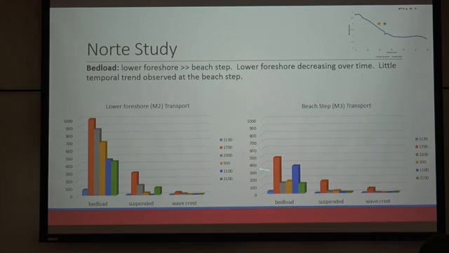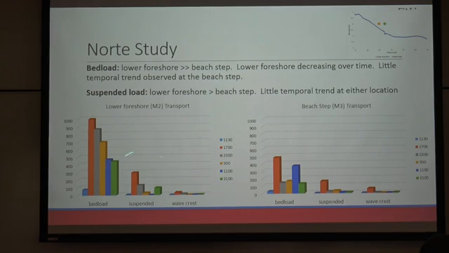We do see a higher quantity moving at the peak of the storm, and there's some variability as the storm energy is subsiding. The suspended load at the foreshore is also relatively larger than the suspended load at the beach step. Neither one really shows any type of pattern with time or storm intensity.